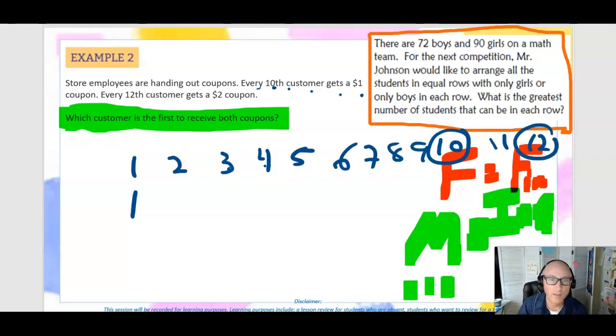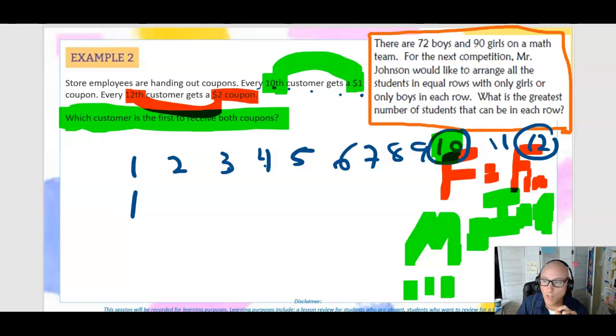So we have to color code these. We'll do this coupon in green. The 10th person gets the green, $1 coupon. Then we'll do red for the 12th person. Every 12th person gets $2. So our 12th person got this one. If you keep going, that's 12, then 13, 14.